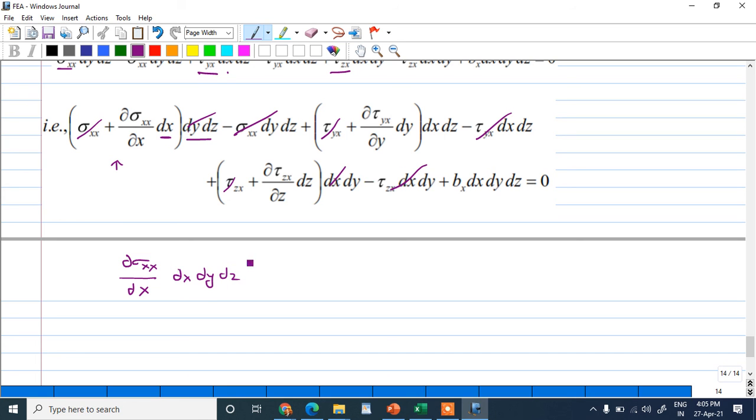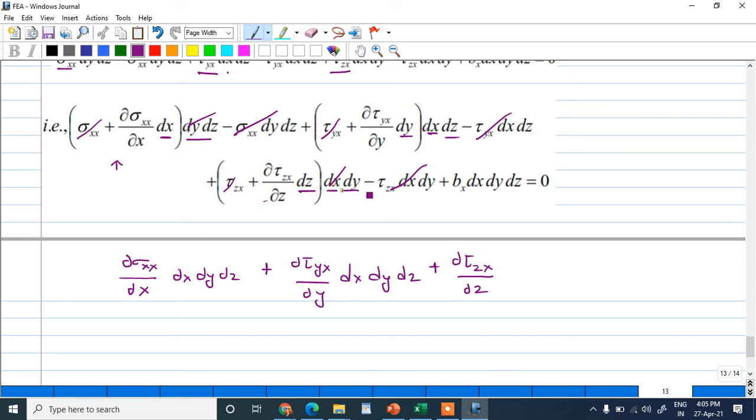Again we have plus partial tau yx by partial y, again multiplied by dx dy dz, and the final term is plus partial tau zx divided by partial z, again multiplied by dx dy dz.